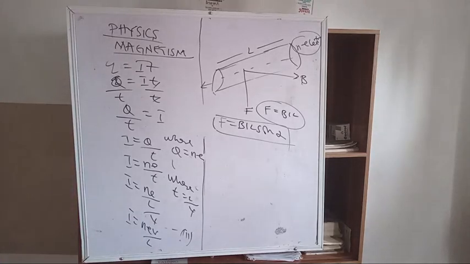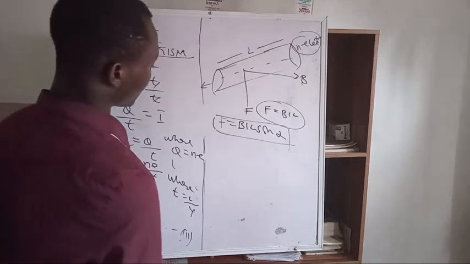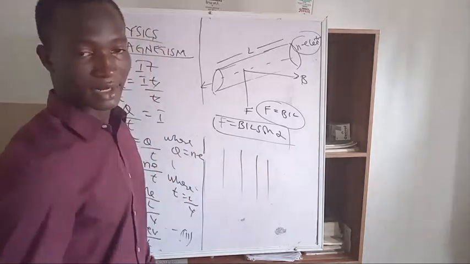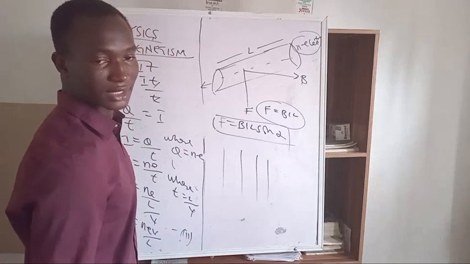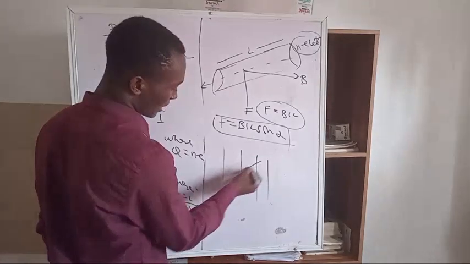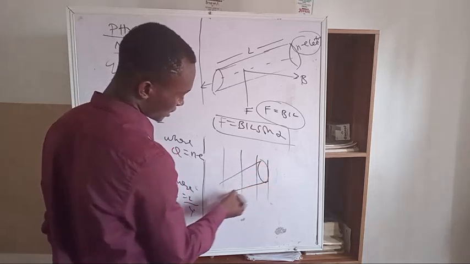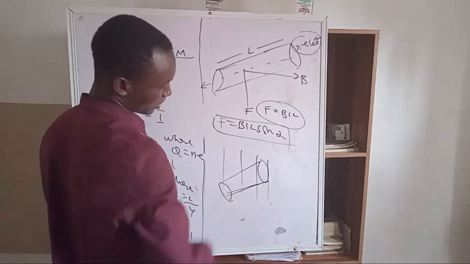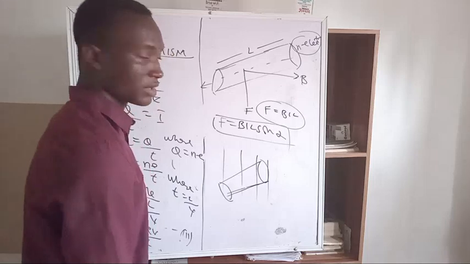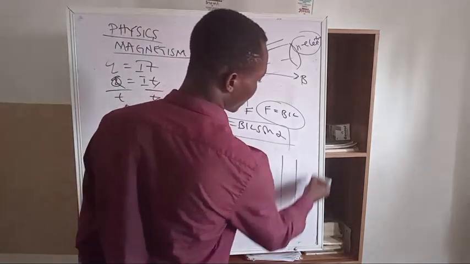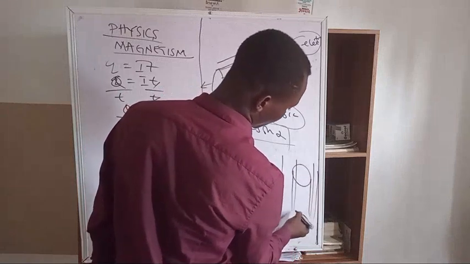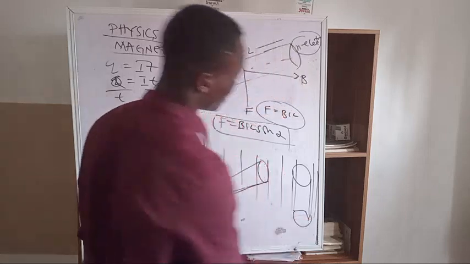The angle subtended. Now there are two different ways your angle can be subtended. Either your conductor is parallel, or your conductor is at right angle. So your conductor can be like this. If your conductor is like this, it is parallel to the field, and if your conductor is perpendicular to the field, and if your conductor is straight, something of this nature, we can say it is parallel to the field.